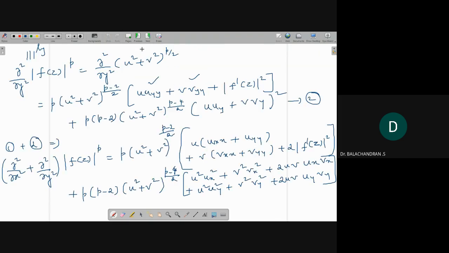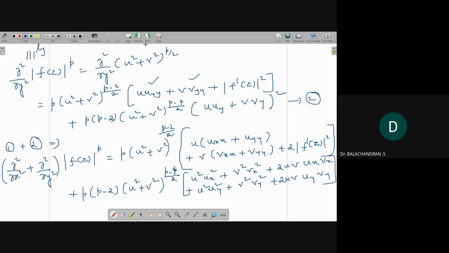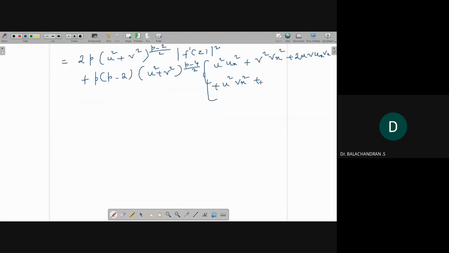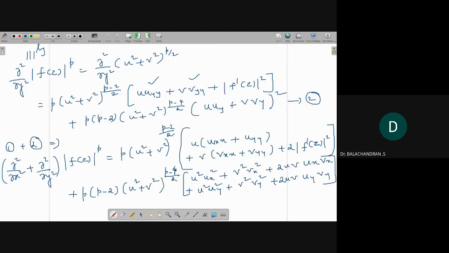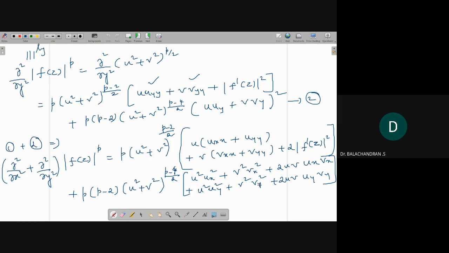If you use the CR equation here, uy is minus vx, so u² vx². Similarly, v² uy² becomes v² ux².